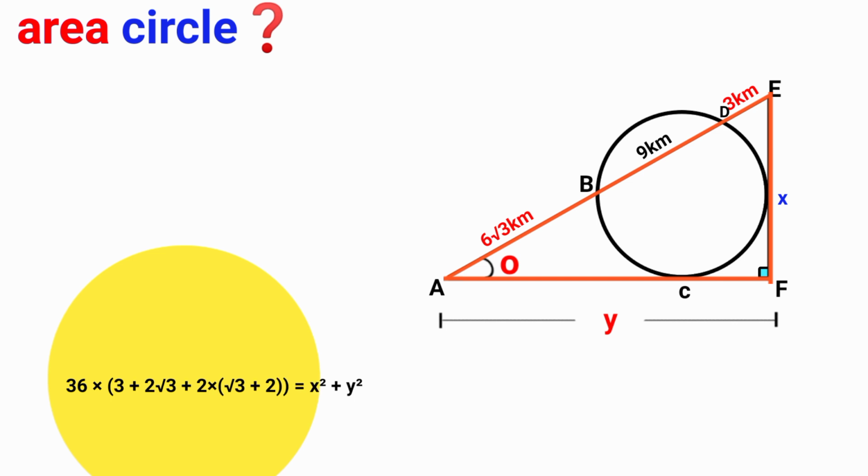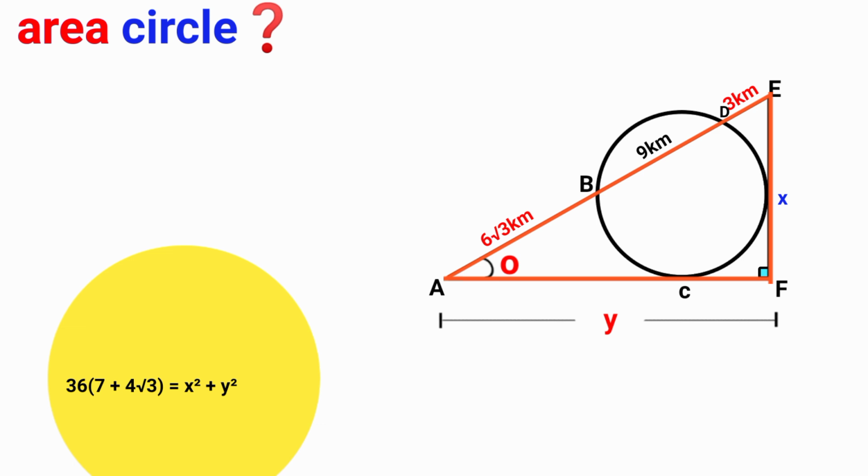And 2 times (√3 + 2) is 2√3 + 4. 2√3 plus 2√3 is 4√3. So it is 3 + 4√3 + 4. So now 36 into bracket (3 + 4√3 + 4) equals x squared plus y squared.